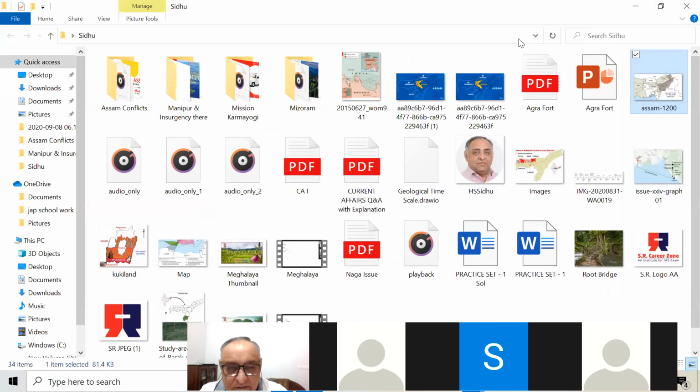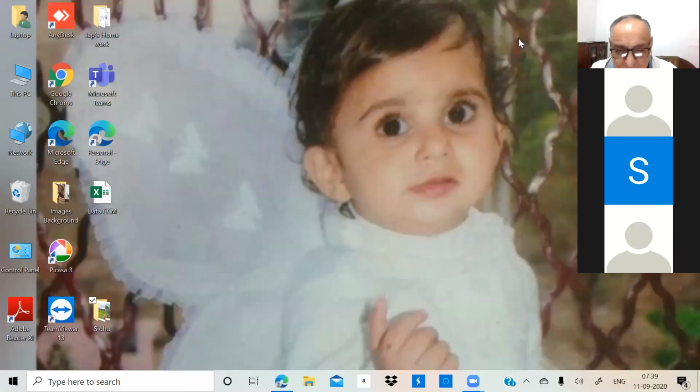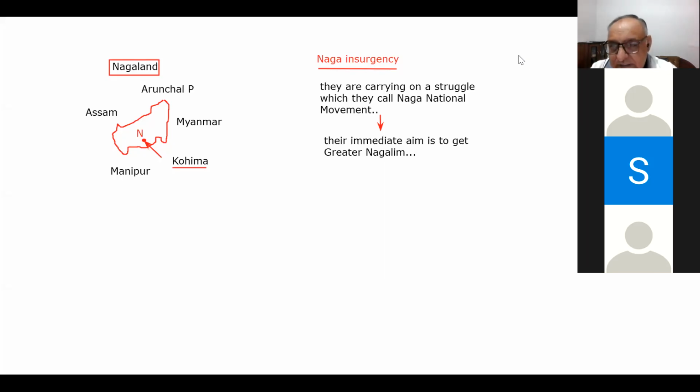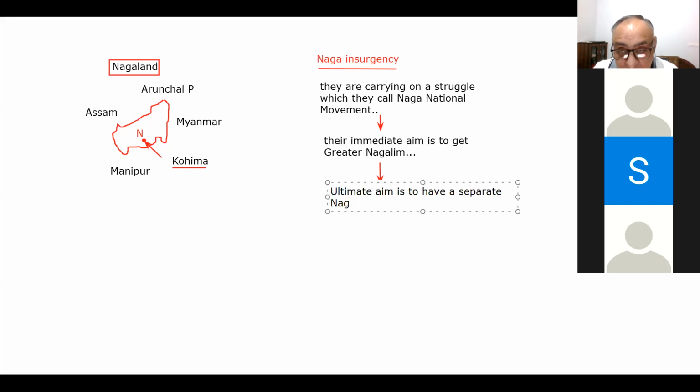Now we are returning to our discussion. The immediate aim is to get the greater Nagaland, and the ultimate aim is to have a separate sovereign Naga state.